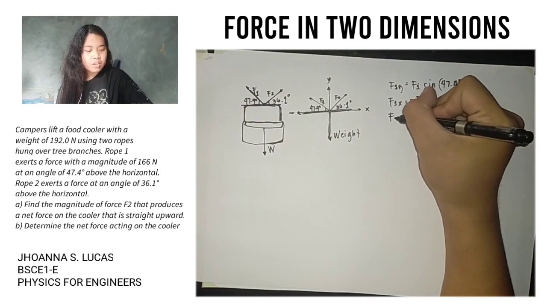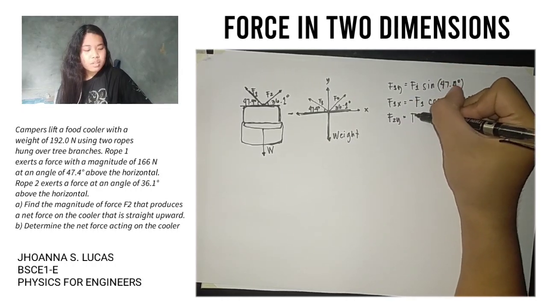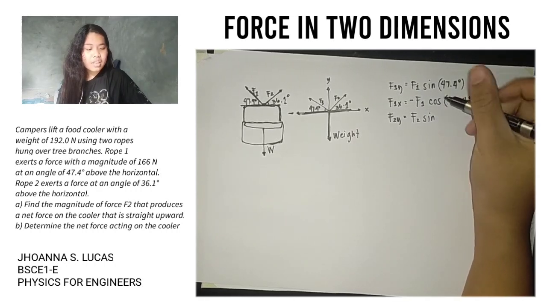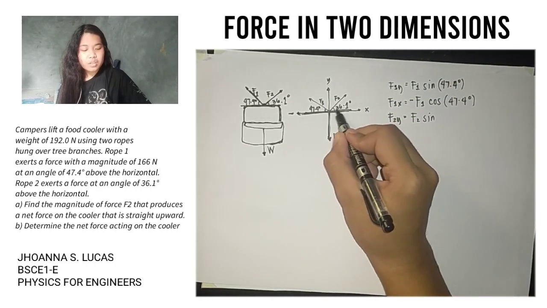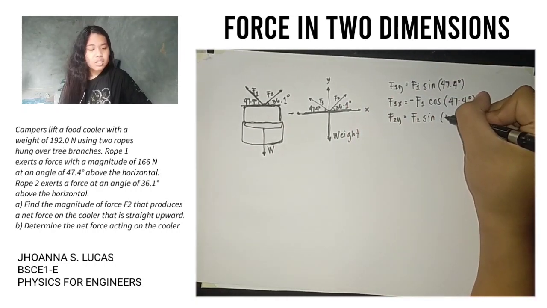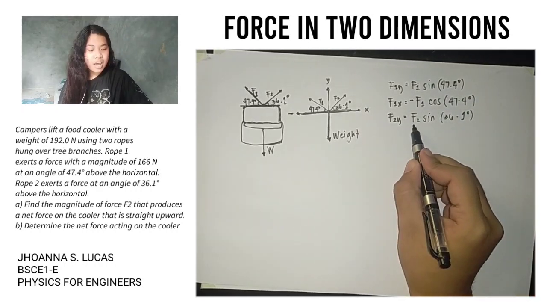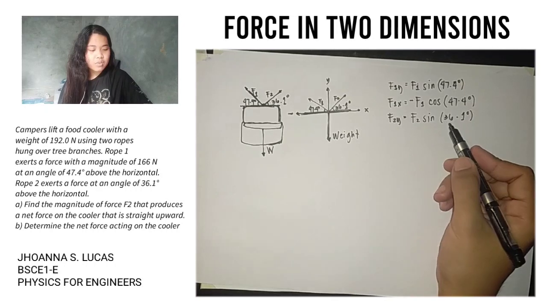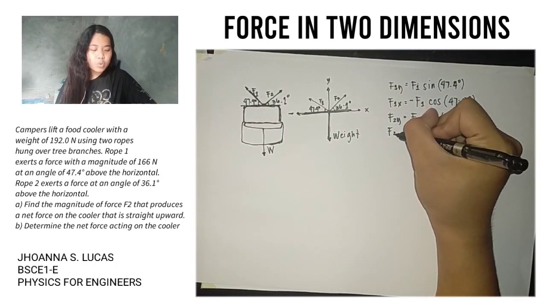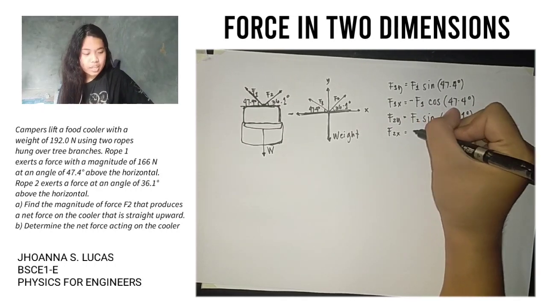For our F sub 2y, it is equal to F sub 2 times sine theta, or the angle of F sub 2, which is 36.1 degrees. So our F sub 2y is equal to F sub 2 times sine 36.1 degrees. And for F sub 2x, it is equal to F sub 2 times cosine of 36.1 degrees.